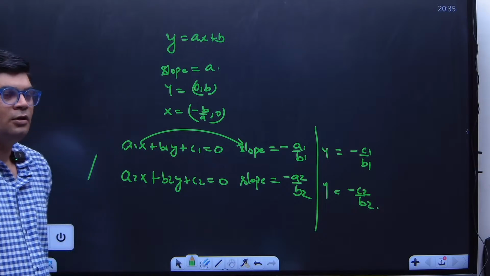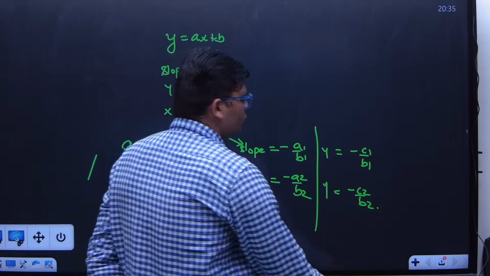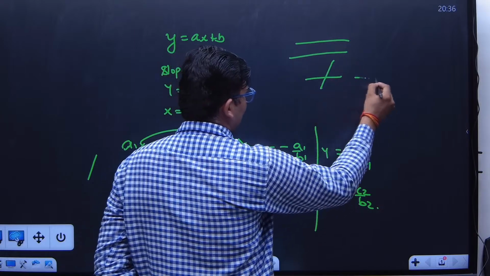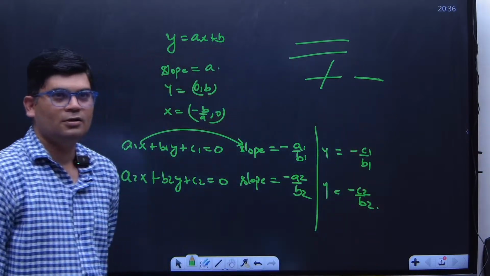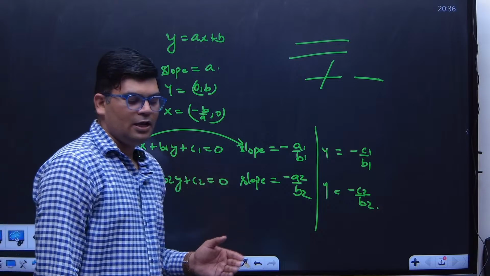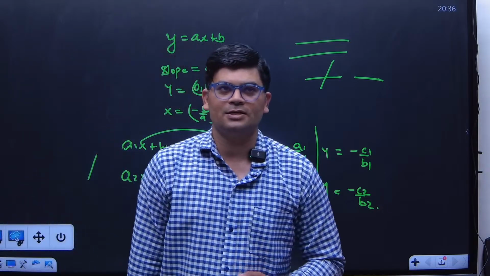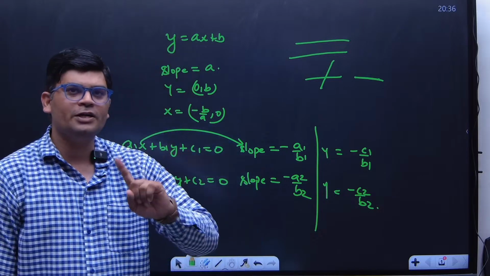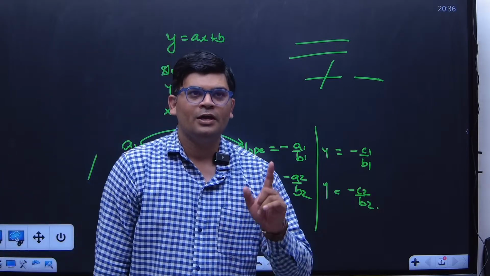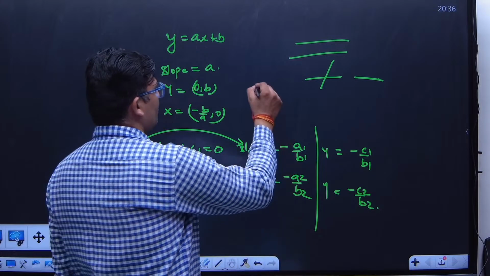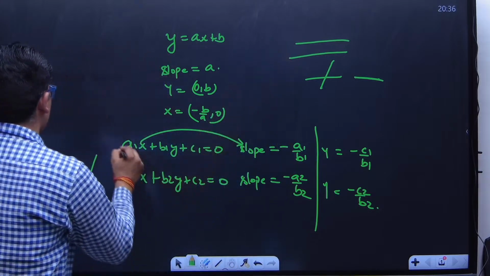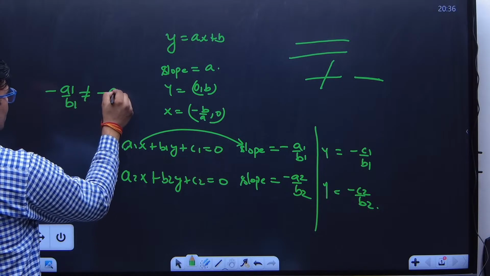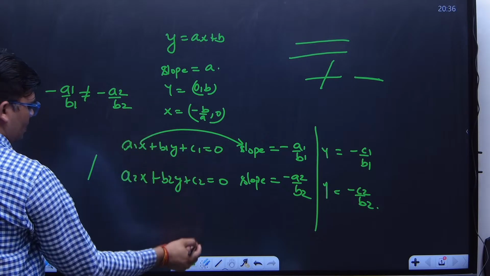Okay. Now I told you the conditions for two lines to intersect. The lines can be parallel, lines can intersect, lines can coincide. And I showed you in the previous classes that two lines will intersect if they have a different slope. If they have a different slope, that means minus a1 upon b1 is not equal to minus a2 upon b2.